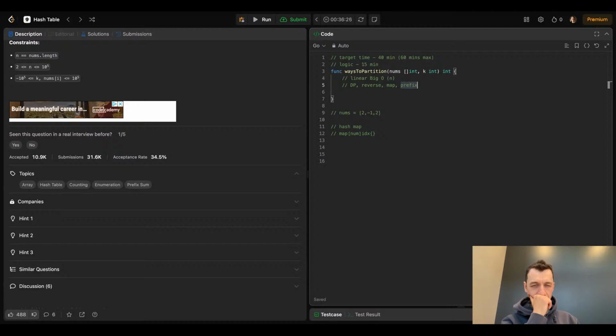So the prefix sum seems to be a topic here. And the question is, how would we use it?